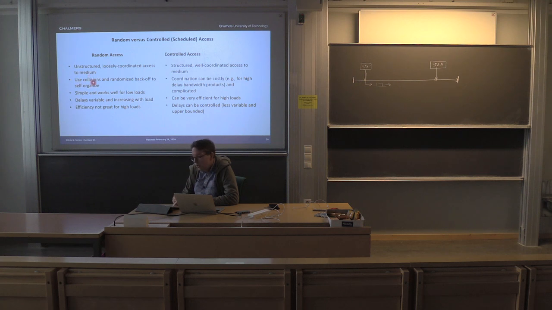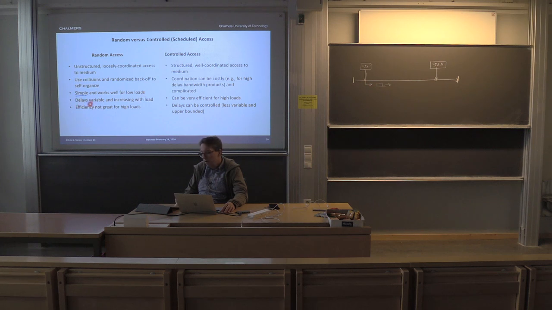We use collisions and randomized backoff to self-organize, and we detect collisions by the absence of acknowledgements, for instance, or by listening to the medium when we transmit if we do collision detection. It's simple, and it works well at low loads, where we are not using the medium to its full capacity.